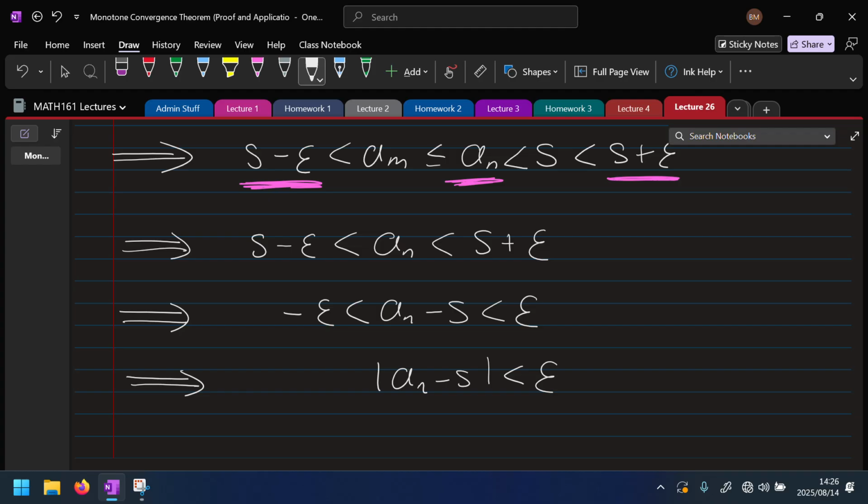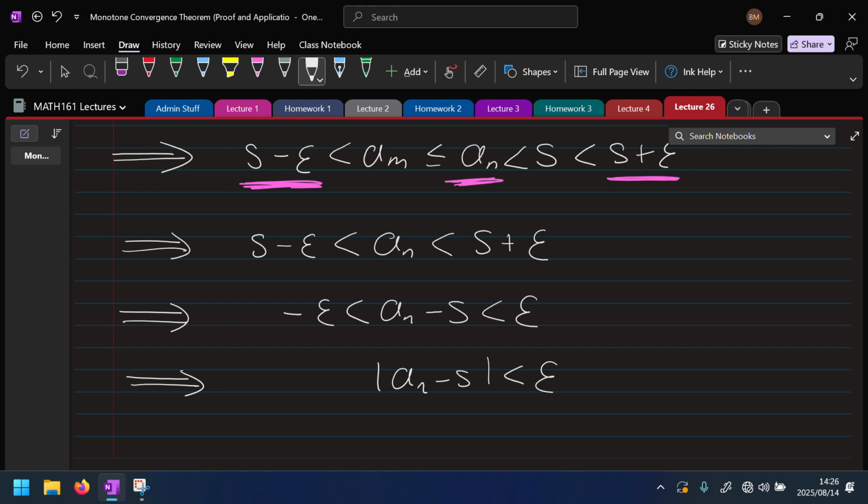Okay. Now, what happens when we take this in the limits when this epsilon goes to 0? What are we going to get? So we're going to take the limits for this. What do we end up with? Okay, think of it like the squeeze theorem. We've got minus epsilon on the other side. We're going to take the limits as n goes to infinity.